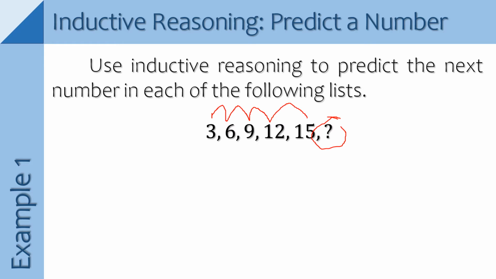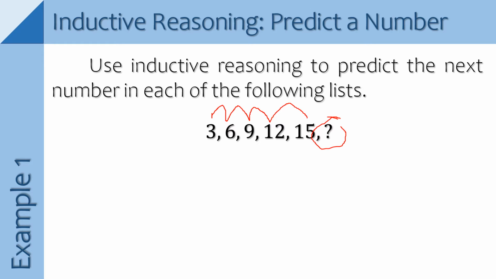As we observe, each successive number is a multiple of 3 or divisible by 3. 3 is divisible by 3, 6 is divisible by 3, 9 is divisible by 3, 12 is also divisible by 3, and 15 also is divisible by 3.